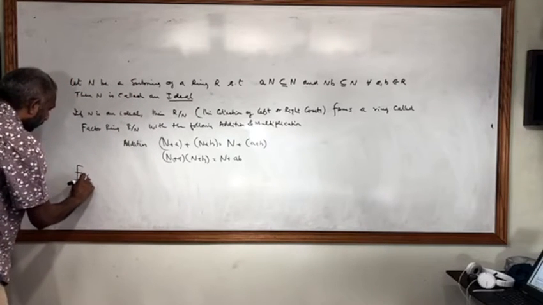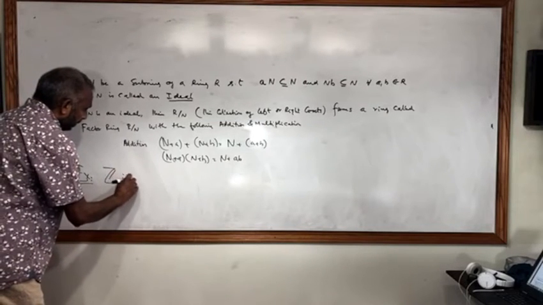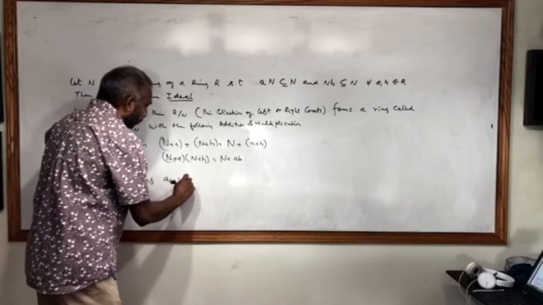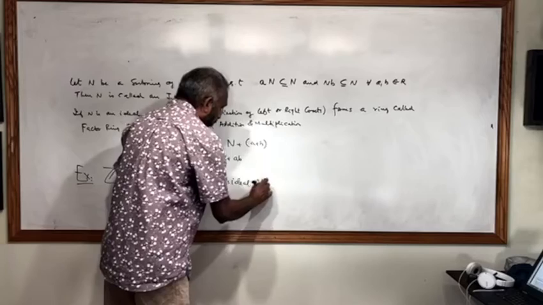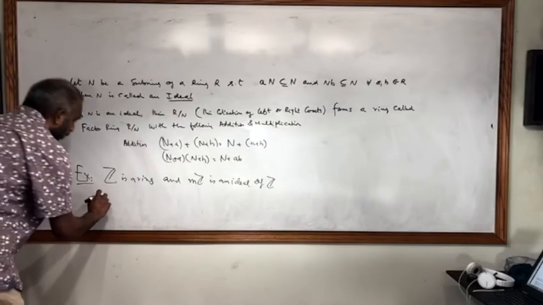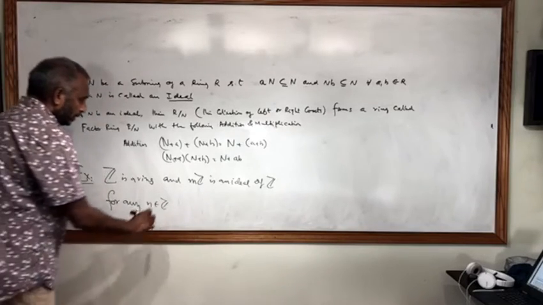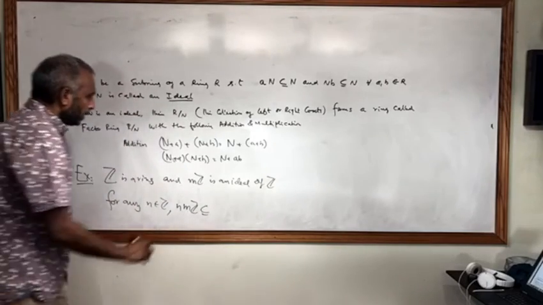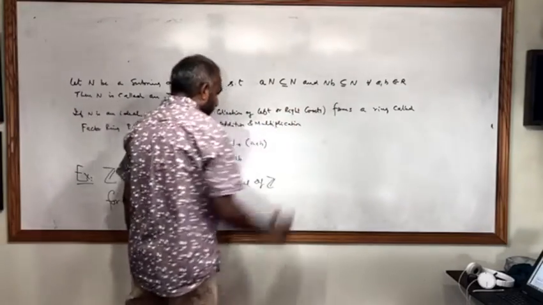Examples. Z is a ring and mZ is an ideal of Z. That is because for any n in Z, n times mZ is contained in mZ, and that is exactly what this means.